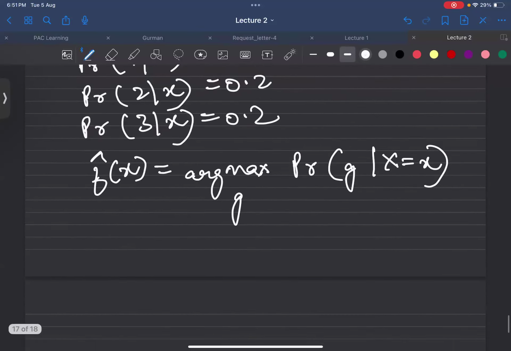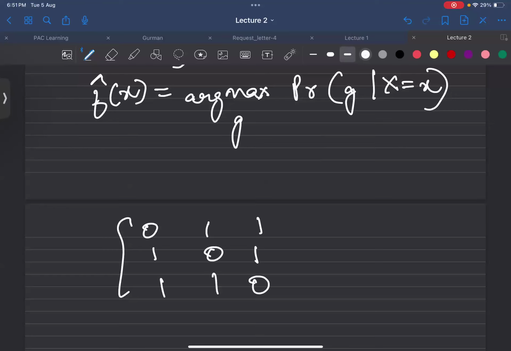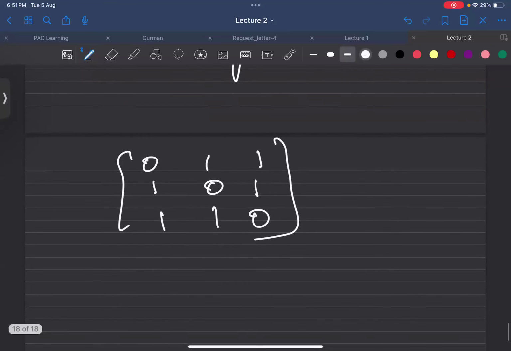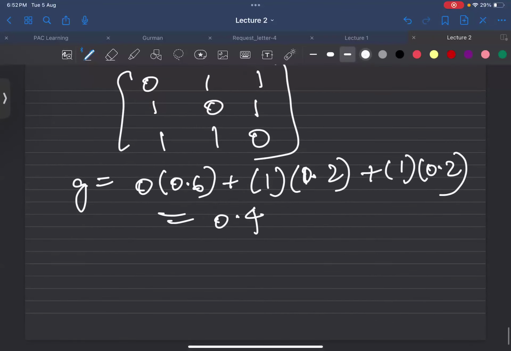For example, 1 into 0.2 plus 1 into 0.2, what is the value? 0.4 for G equal to 1.